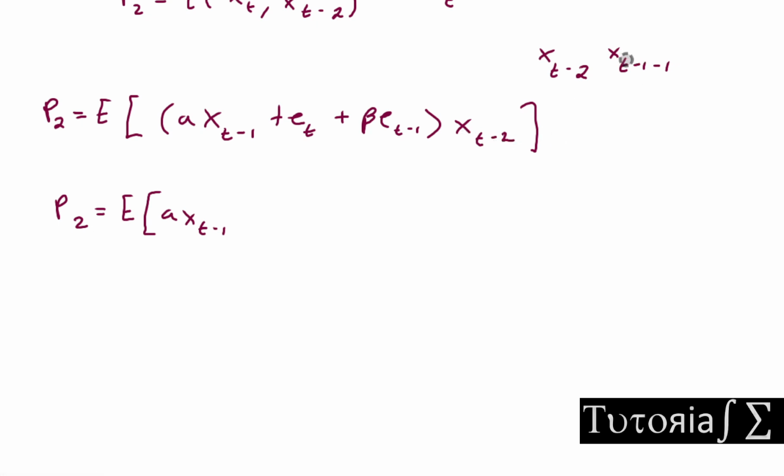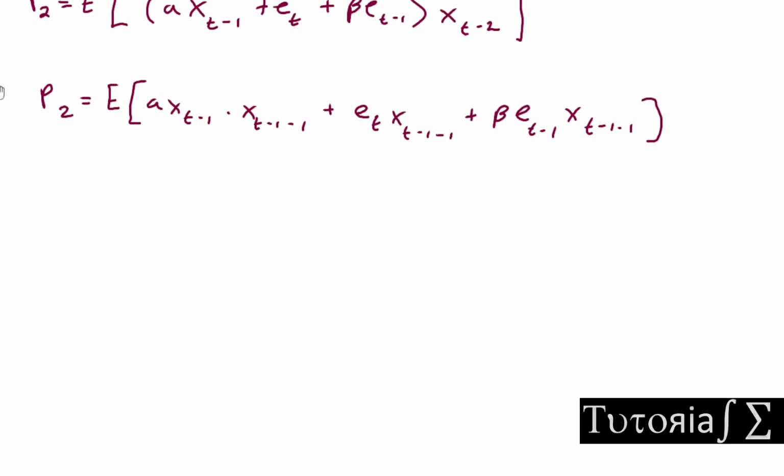So we have x_{t-2}, which is just this, times that, it will be times x_{t-1} plus e_t, times x_{t-2}, which is just that again. So it will be x_{t-1} plus beta e_{t-1}, then times x_{t-1}, right?